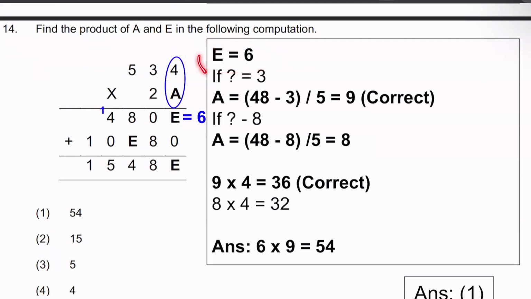Multiples of 6 are what? 6, 12, 18, 24, 30, 36, 42, 48, right? These are multiples of 6. You write down.